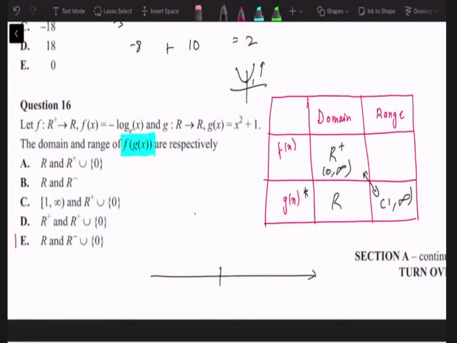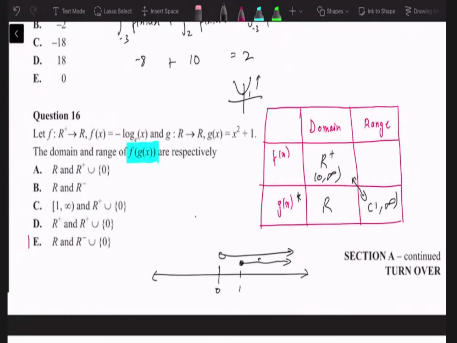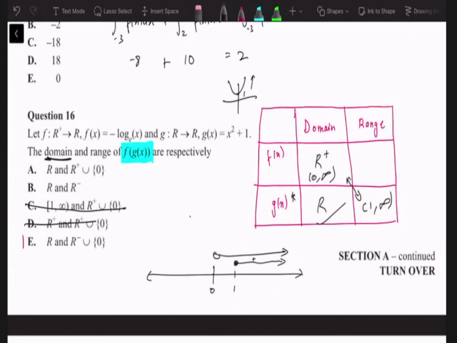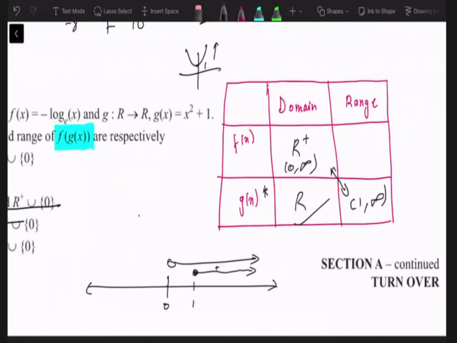So the domain of f(x) is this one, and the range of g(x) is this one. This is already fitting in with that range of values, so we don't have to do anything to the domain of g(x). That already tells you that your domain is going to be the reals, so you can get rid of c and d.